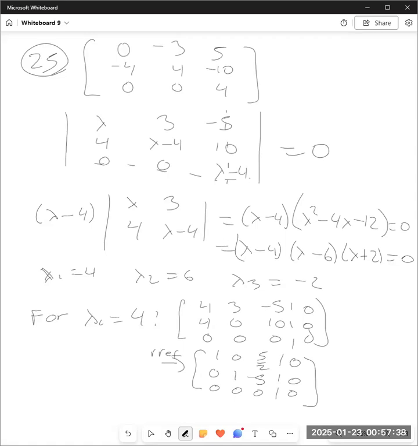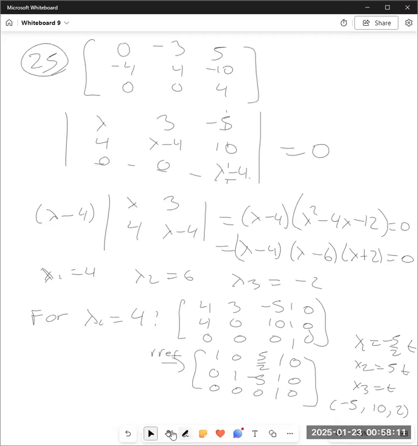And that tells me that my x1 is -5 halves x3, and that x2 is 5 x3, and that my x3 is t. So I want to choose t to be 2 here so that I get integer values of -5, 10, and 2.